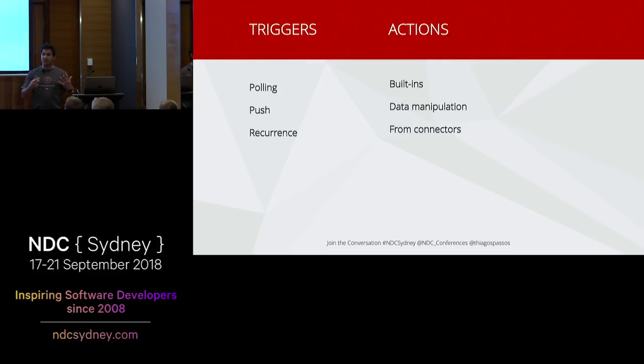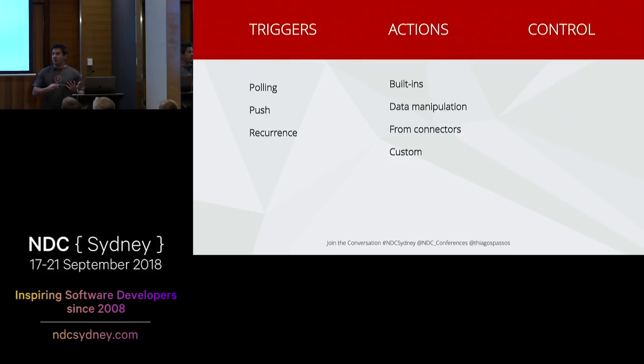Then you have all the actions provided by the connectors. For example, if you want to create a ticket in Zendesk, if you want to send an email with Gmail, or if you want to create an item in SharePoint, if you wish. I know this guy here is a SharePoint fan, but anyway. And you can also create your own. So you can create your custom actions, right?